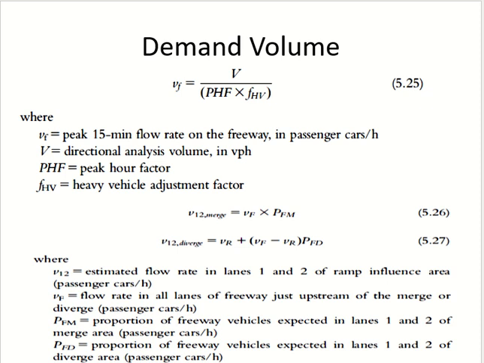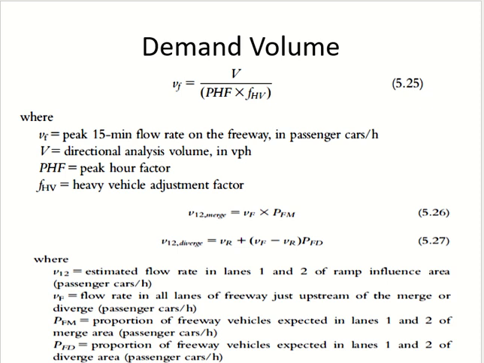Now, if it is a diverge area, what is happening? People are going out, right? People who are on the freeway, some of them will be in the influence area, some of them outside. And there are some people who are already on the freeway, but they will go out from the ramp. Right now they are on the freeway. So that's why I have to subtract them. Clear?